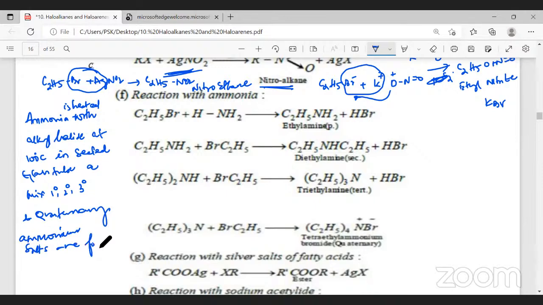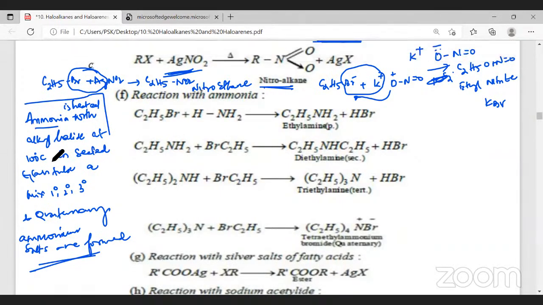So ammonolysis is the reaction of alkyl halide with ammonia. When ammonia is heated with alkyl halides at 100 degrees Celsius in a sealed glass tube, you will get a mixture of primary, secondary, tertiary, and quaternary ammonium salts. Now, how do we understand this reaction? The four reactions are represented here. We will write in detail and try to understand this.